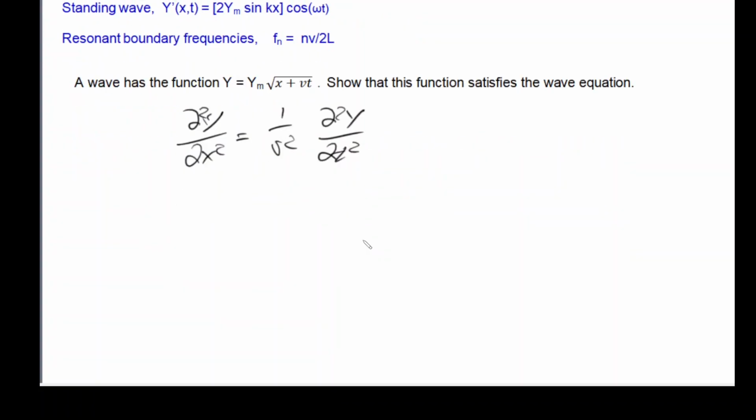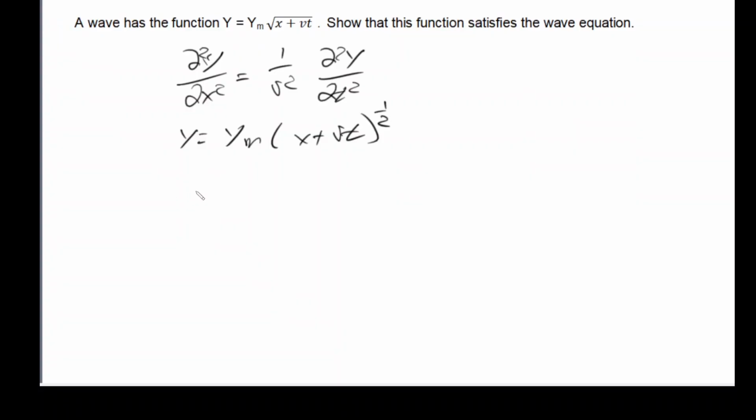So we have to take our first and second derivatives of y equals ym times x plus vt to the 1/2 power. So let's do the derivative with respect to x.